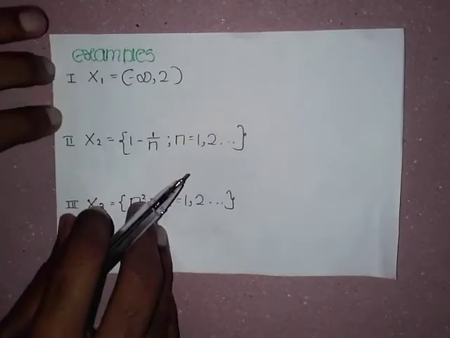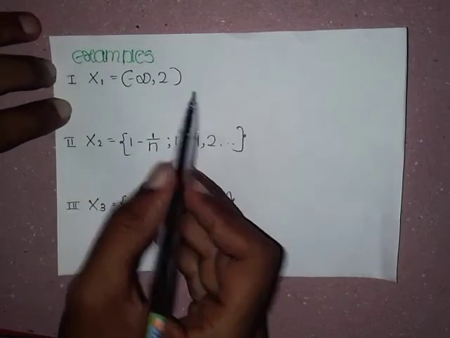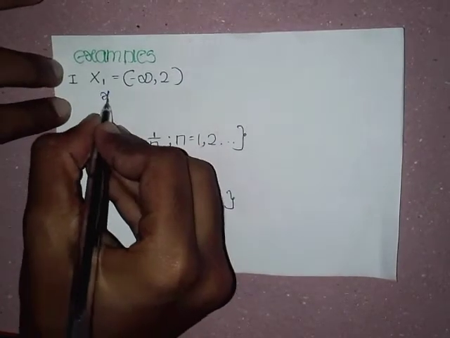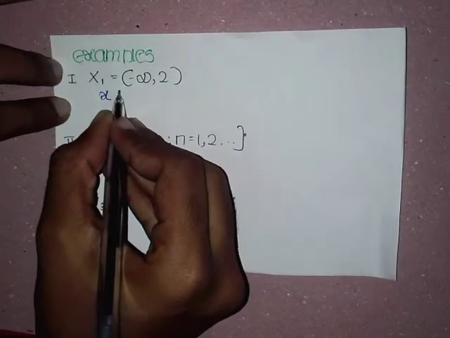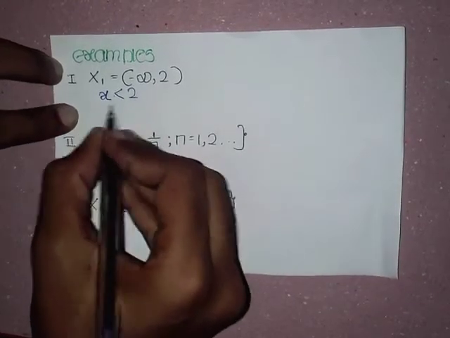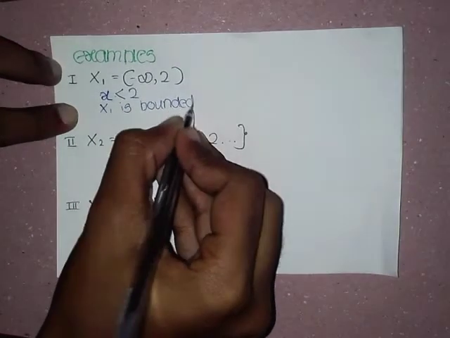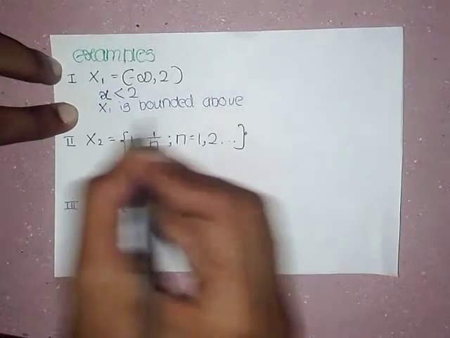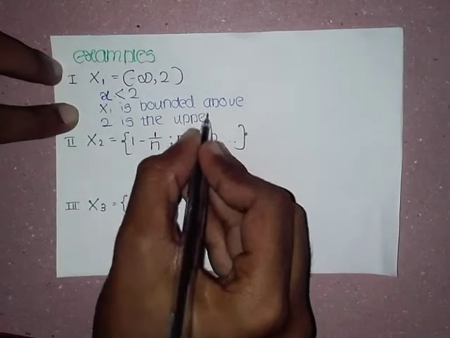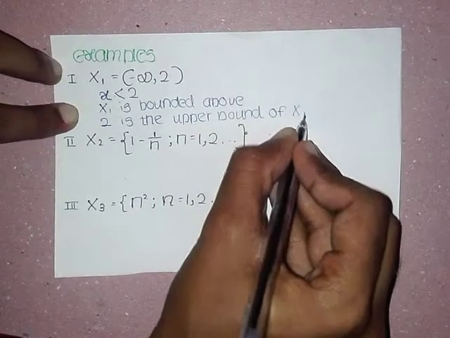Here, first example, X1 equals open bracket from minus infinity to 2. Here we can clearly see all the elements of this X1 set are less than 2. So we can tell X1 is bounded above, and also we can tell 2 is the upper bound of the set X1.